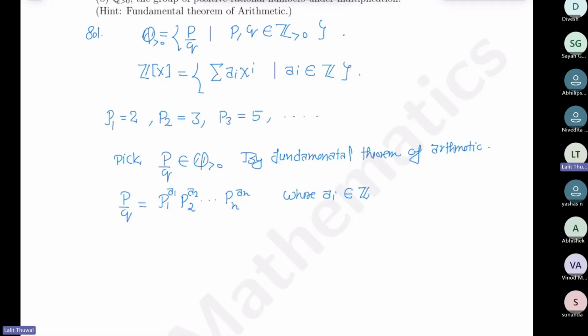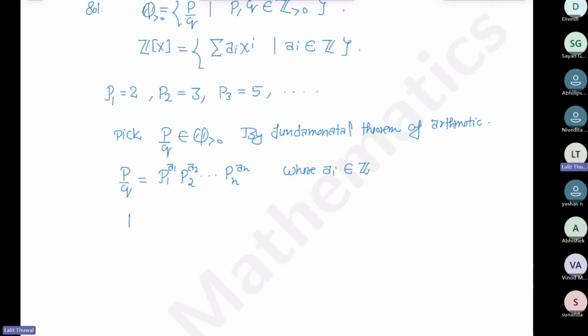Okay, so where should you map this, so that the map is well defined and it is an isomorphism. Okay, so I map this to A1. By the way, I should start with P0, just for the notation. Okay, I'm modifying the notation.